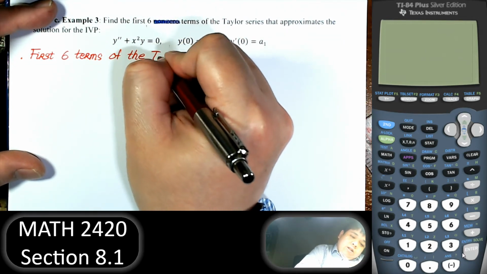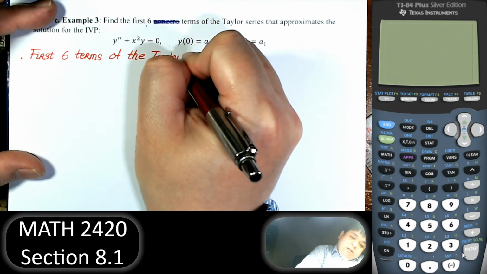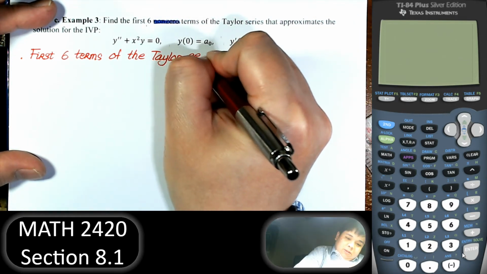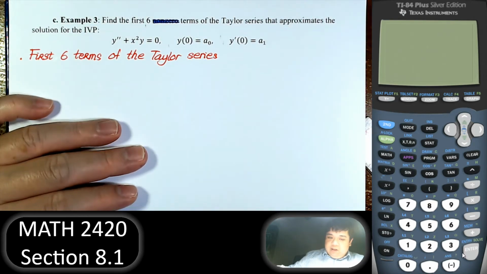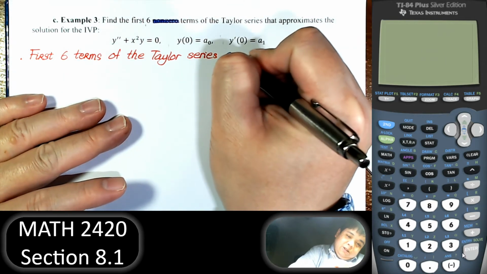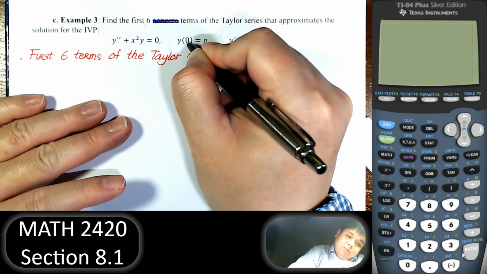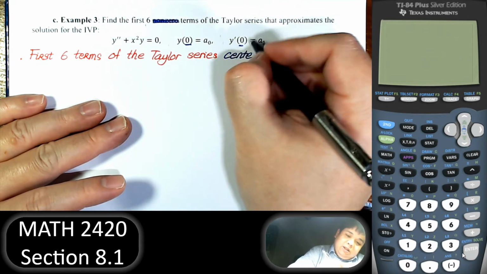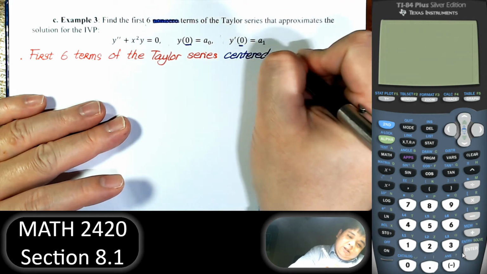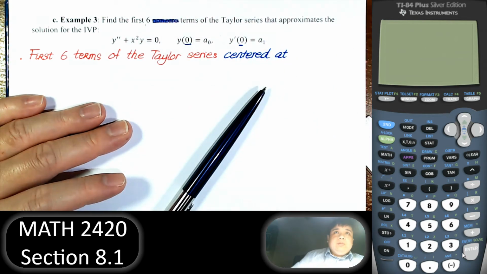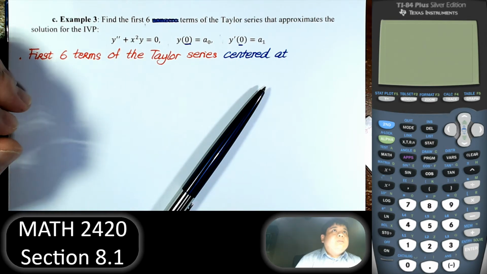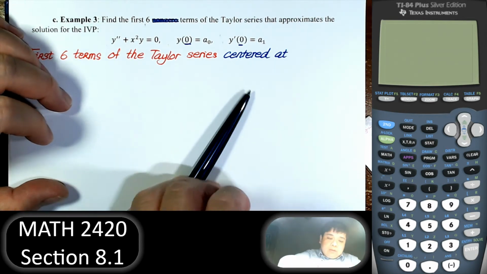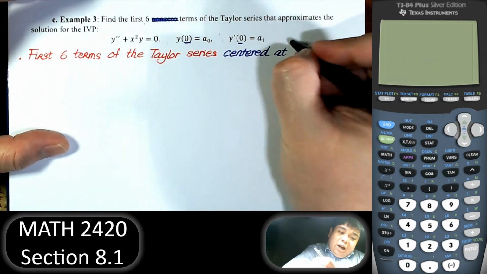The Taylor series centered at 0, because we have 0 here.